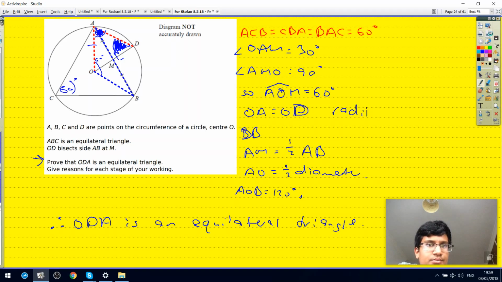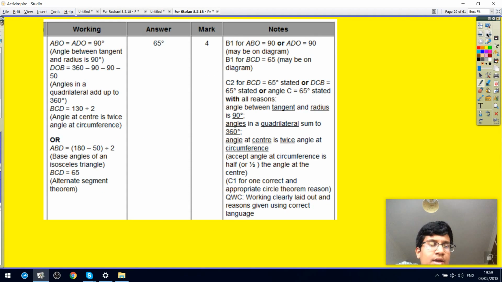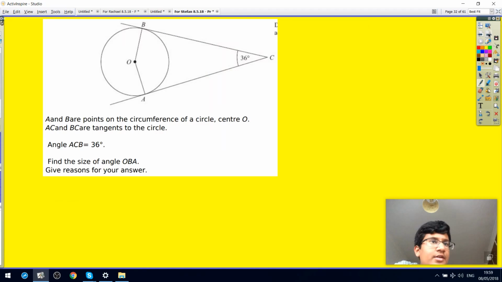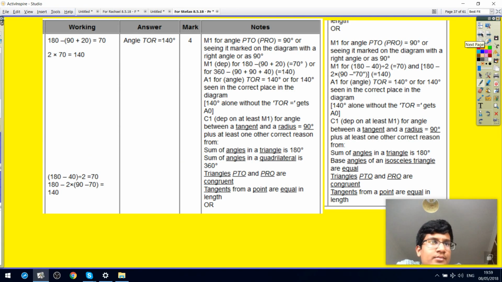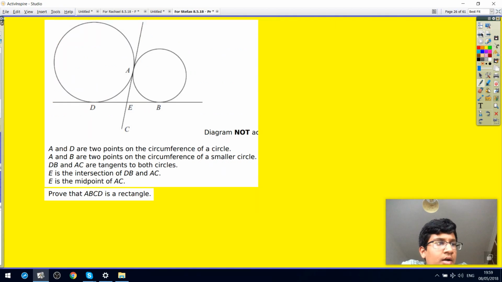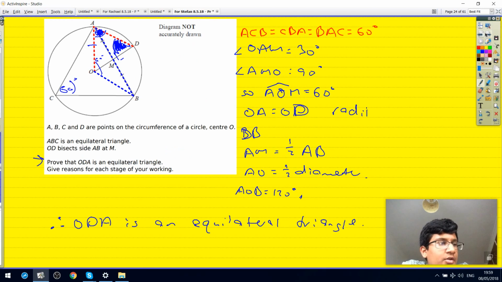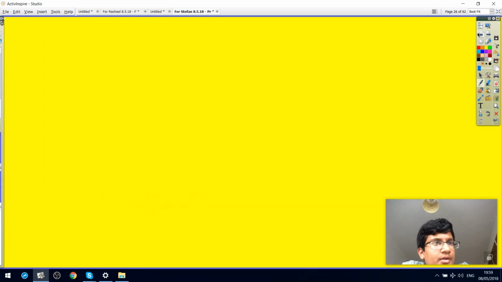If you like, I can send you the rest of the circle theorem questions. Yeah, if you could, that'd be good practice. Okay. Any idea what you want to do next time? I don't know. Is there anything that you wanted to do? Not particularly.